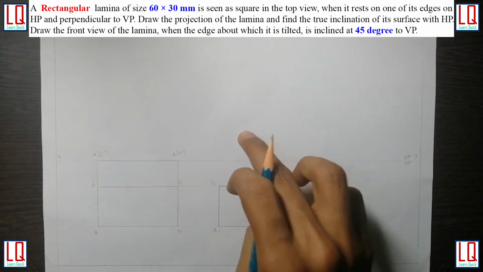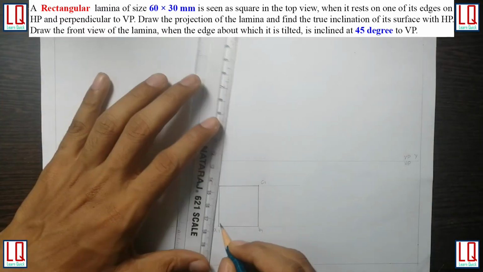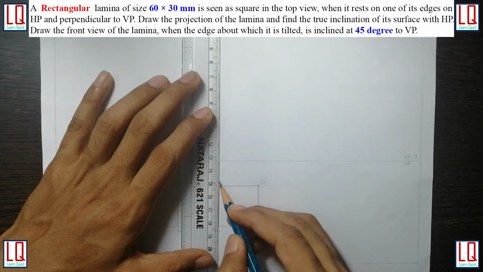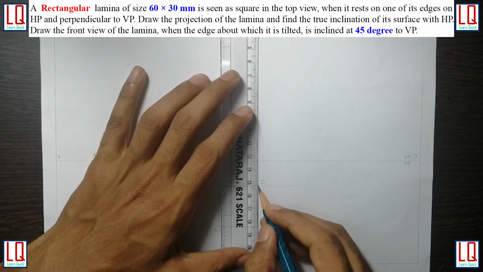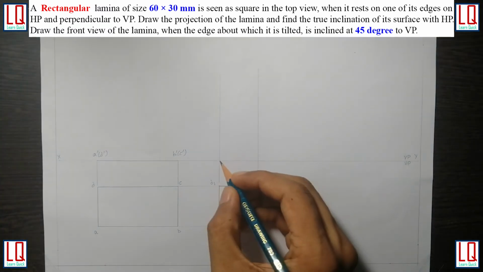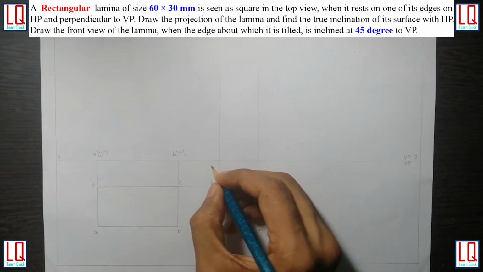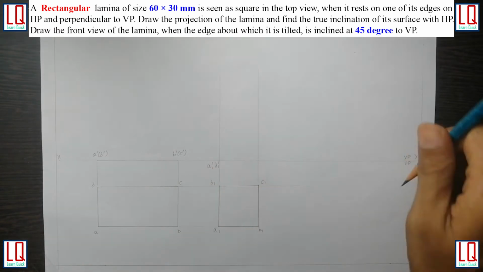Now to draw step 3, I project all the corners from step 4. Since the resting edge is the line AD, I mark here A1 dash, D1 dash.